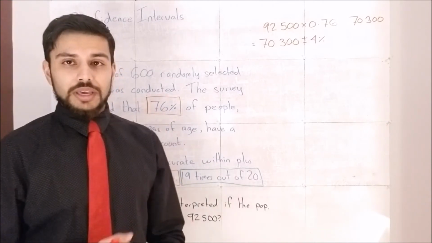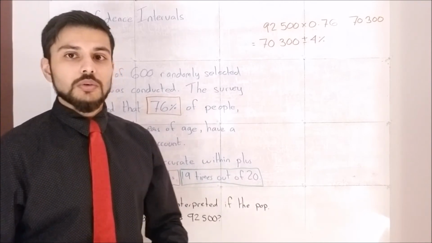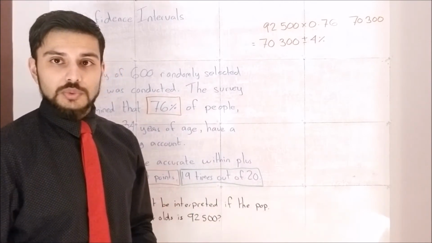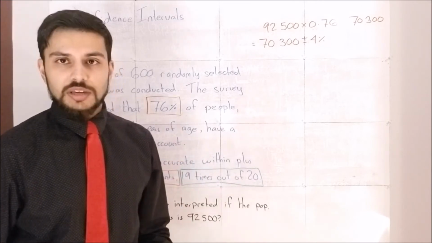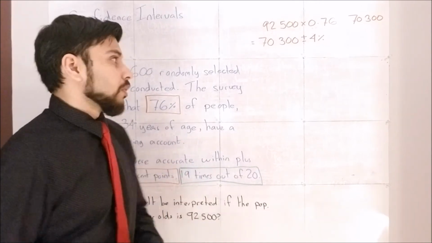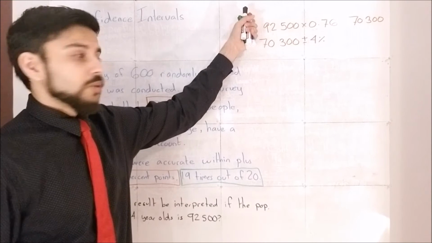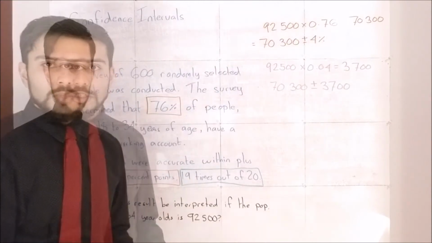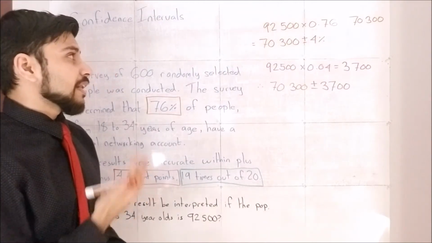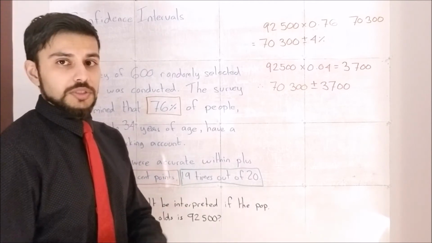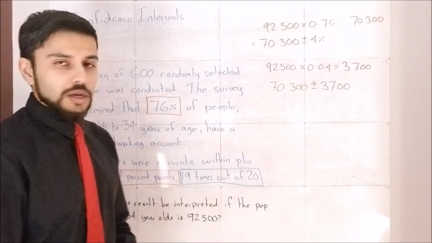But we have to now account for that margin of error. So we want to figure out what that confidence interval is going to be using that 4% margin of error. What did that look like? Well, we're still using the same population, but we got to figure out what 4% of that population is. Okay, so the math for that is the exact same as before. We're just going to be calculating a percentage times what our total population was.